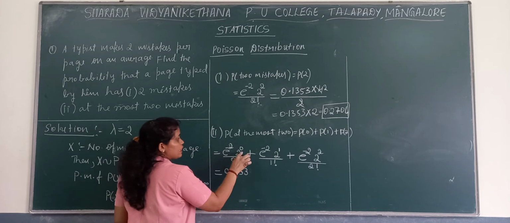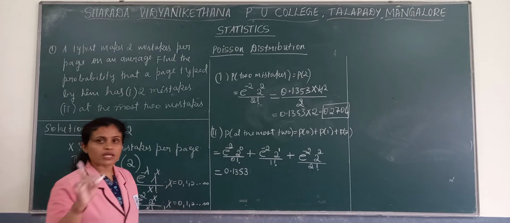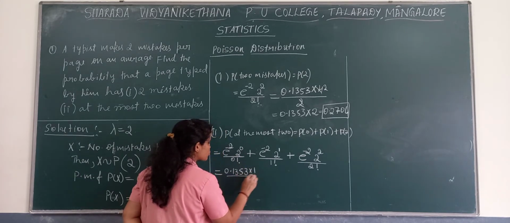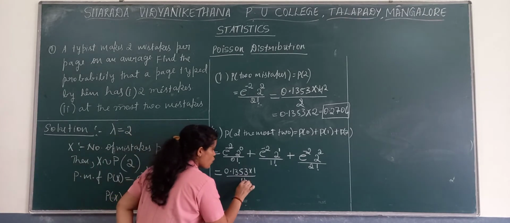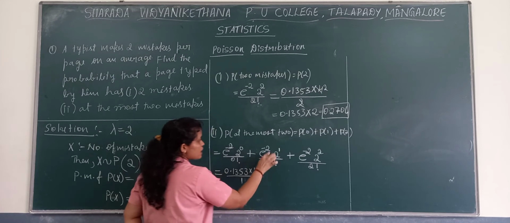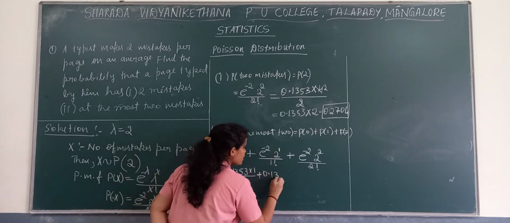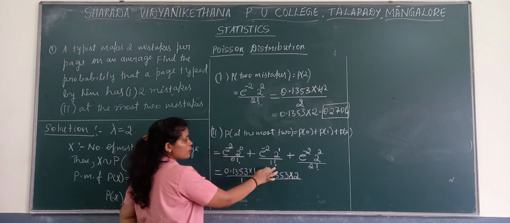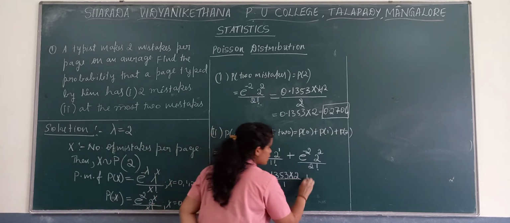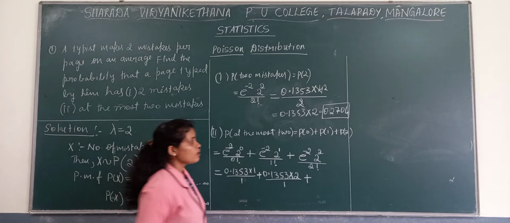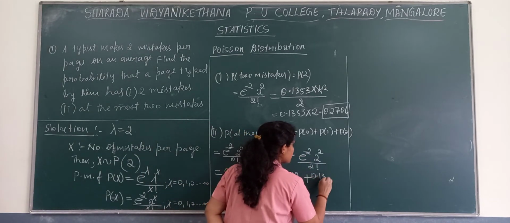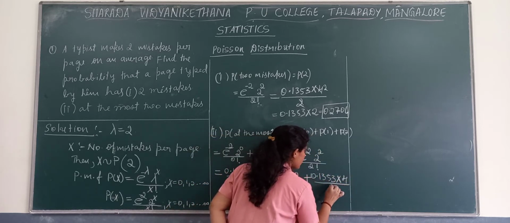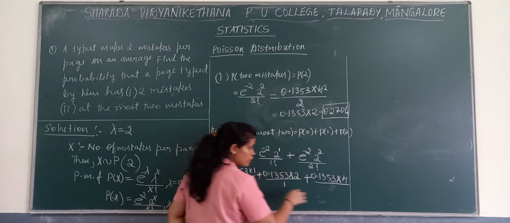Now e to the power minus 2 we have seen from the table, that is 0.1353 into 2 to the power 0. Anything to the power 0 is 1, into 1 divided by 0 factorial, whose value is 1, plus 0.1353 into 2 with 1 factorial, which is 1, plus once again 0.1353 into 2 to the power 2, which is 4, divided by 2 into 1, that is 2.